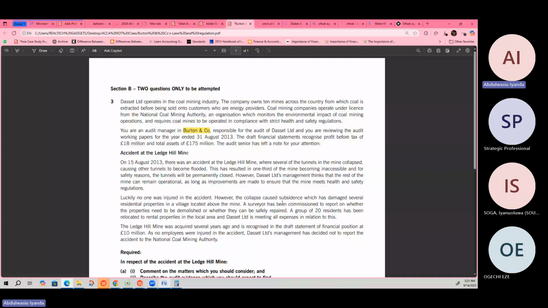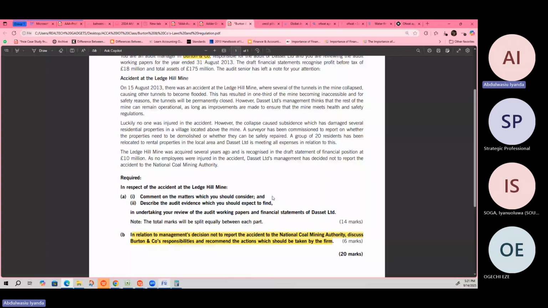On August 15, 2023, there was an incident at the Leisure Hill mine, where several of the tunnels in the mine collapsed, causing other tunnels to become flooded. This has resulted in one-third of the mine becoming inaccessible, and for safety reasons, the tunnels will be permanently closed.